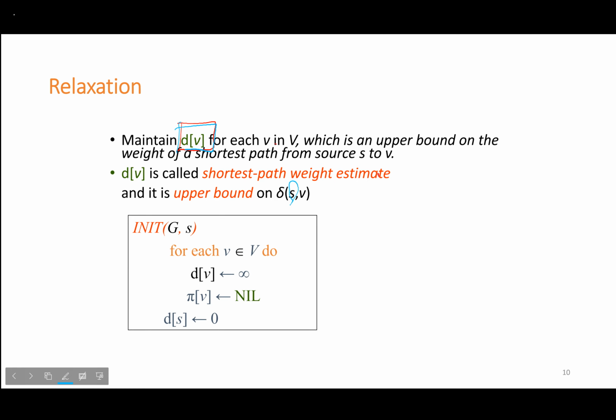We check single source first, and all-pairs shortest paths can be reduced to the single-source problem from every node as a source, right? Then we initialize it. For every vertex, we initialize d to be infinity in the beginning because we need to find the upper bound. We set the parent of V to be null in the beginning, and the distance to the source node is 0.